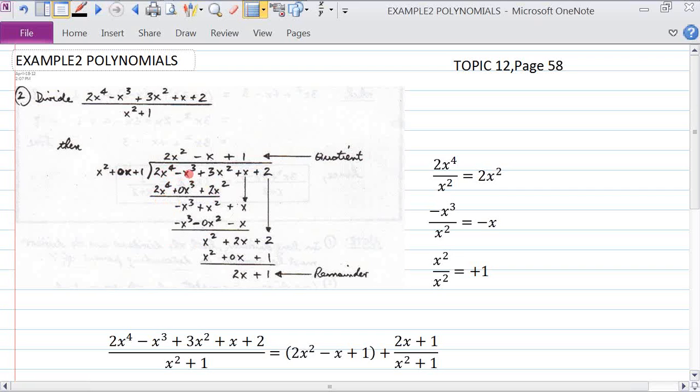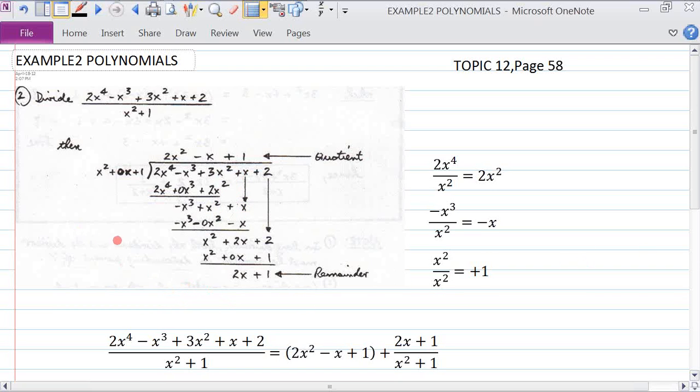Now minus x cubed, subtracting nothing because this is 0, still gives me minus x cubed. 3x squared minus 2x squared gives me 1x squared, or just x squared. And then I bring the next term down. I always bring the next term down.